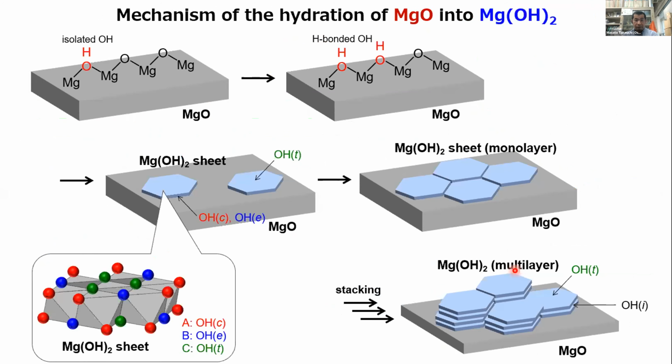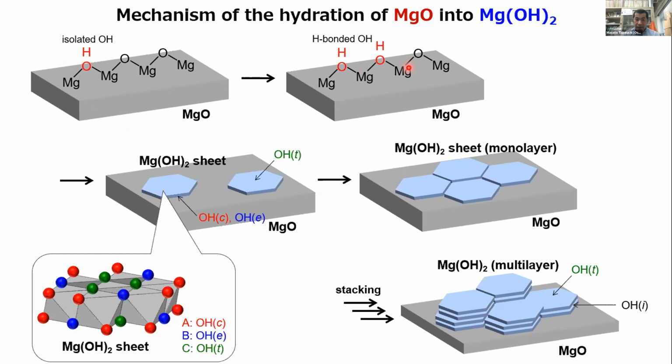So finally, I will show the proposed mechanism of hydration of magnesium oxide. Before hydration, isolated hydroxyl groups are located on the MgO surface. And these isolated OH groups easily hydrated to form hydrogen bonded OH groups like this.